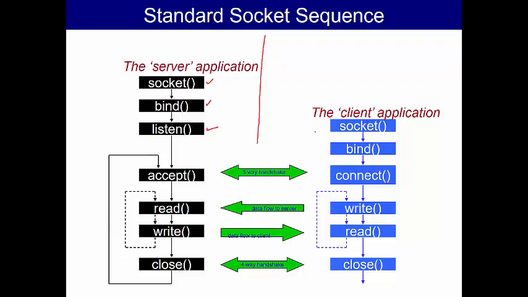Meanwhile, the client program also needs to create a socket and bind, but it doesn't need to listen. If the client wants to request some service from the server, it uses connect to send a request to the server.